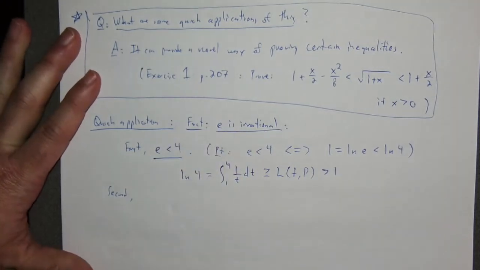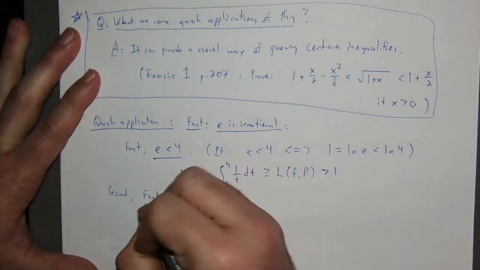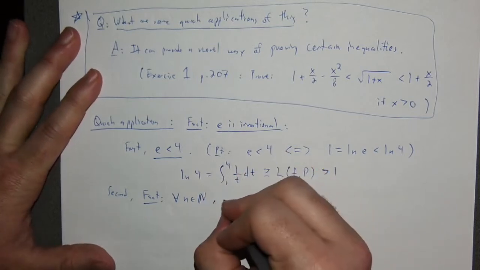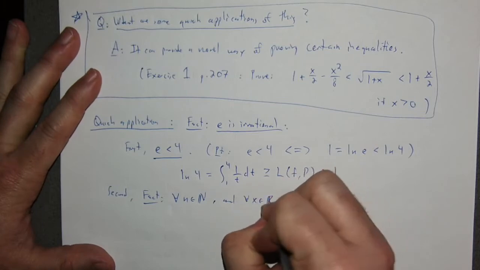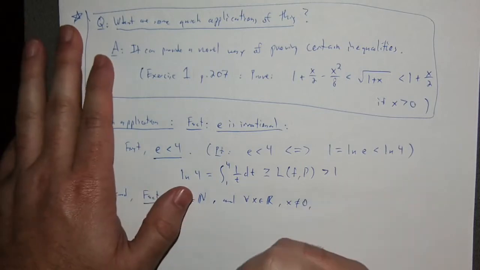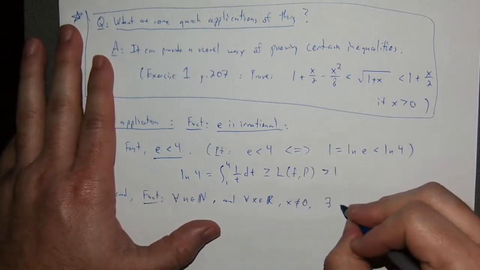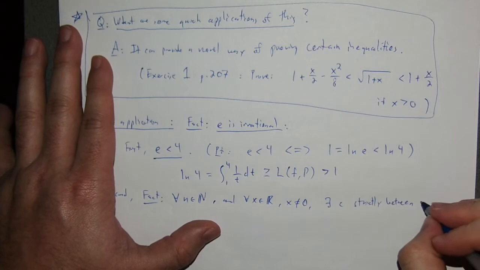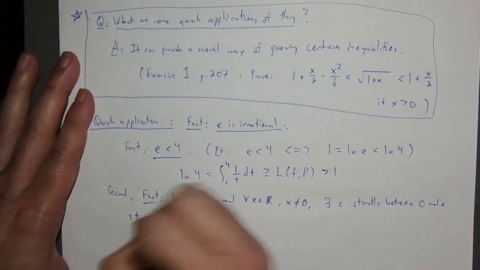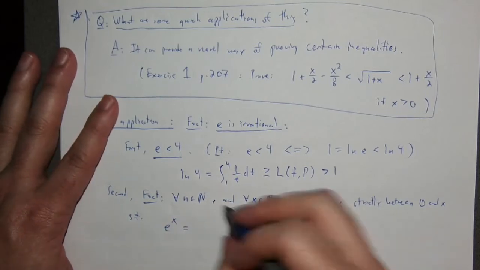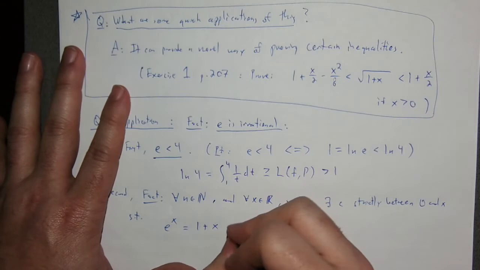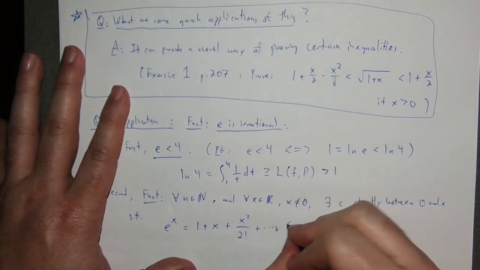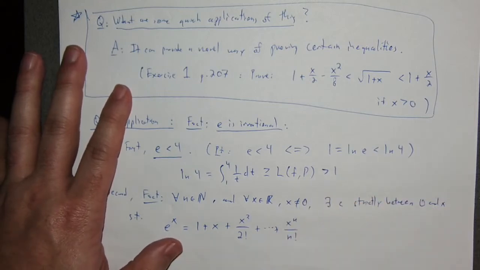For all natural numbers n, and for all x in the reals but x not equal to 0, there is a c strictly between 0 and x such that e to the x is equal to 1 plus x plus x squared over 2 factorial, plus all the way up to x to the n over n factorial, plus that last remainder term.